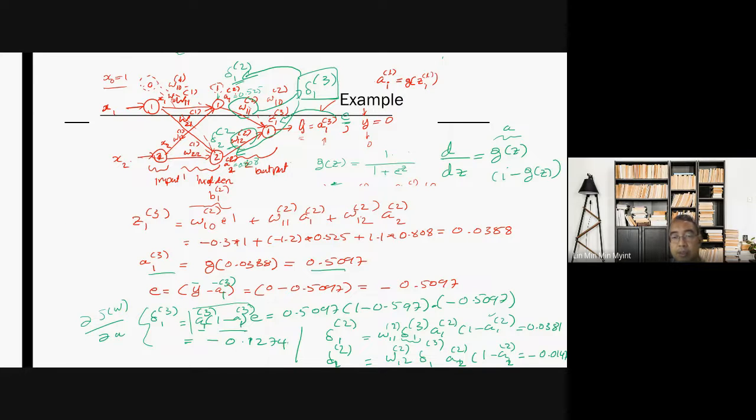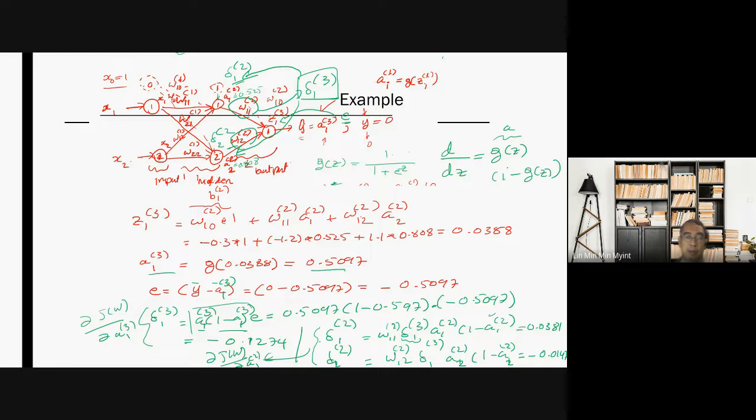This is just the partial derivative of J(W) with respect to A13, A12, and this one is the partial derivative with respect to A22, like this.